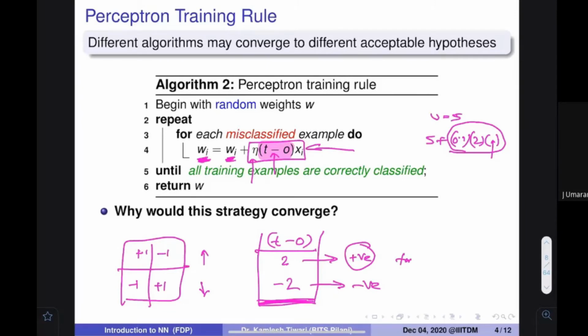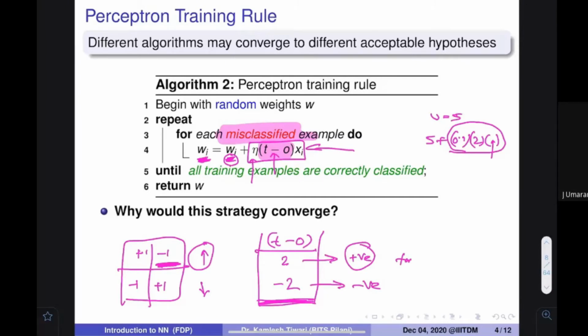So ultimately, when I am telling -1 to a positive item, this weight is going to increase. And when the weight increases, we have seen that my things are going to be corrected. This misclassified example would be classified correctly. Make sense?